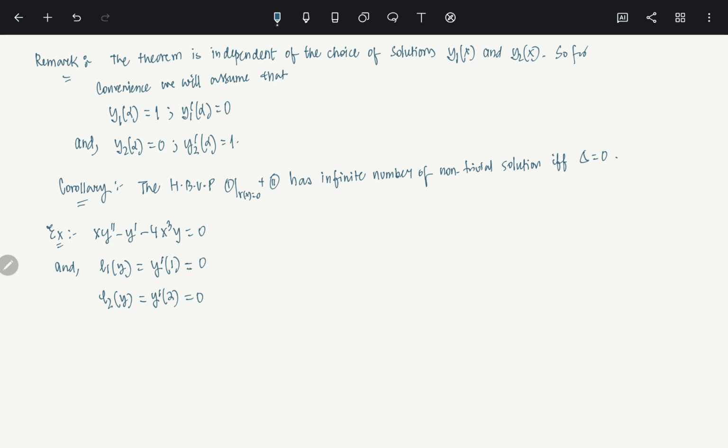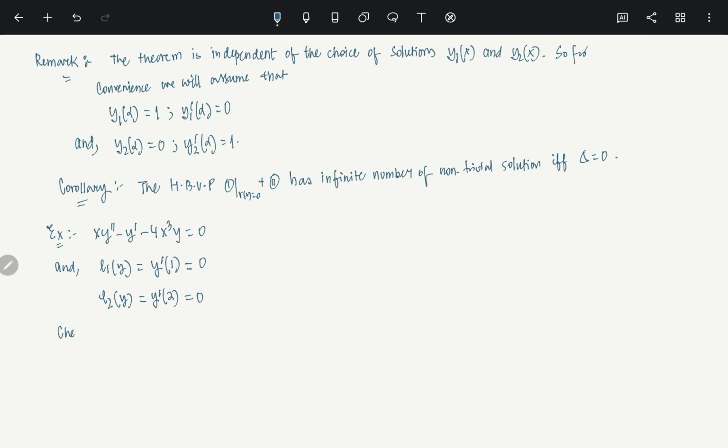Now the thing is, we want to find out if this equation has a trivial solution, or infinitely many solutions, or no solution, that sort of question. So I'm going to write two solutions so you can check this.